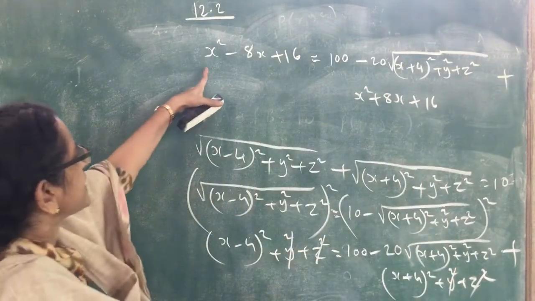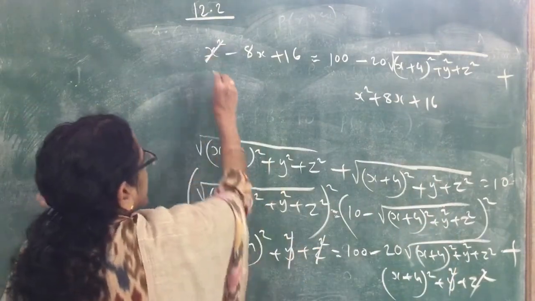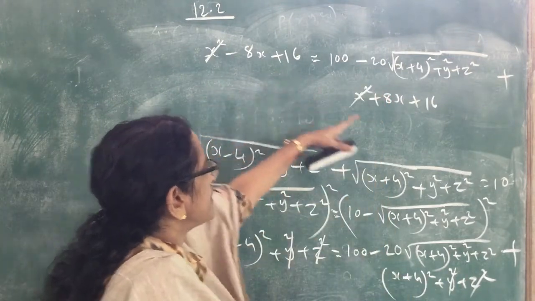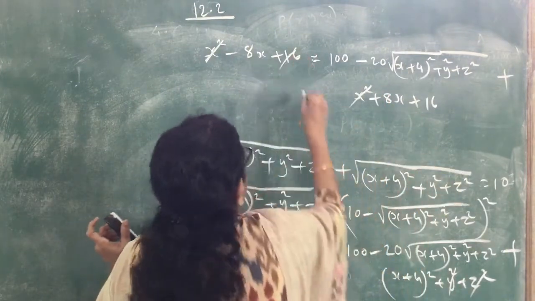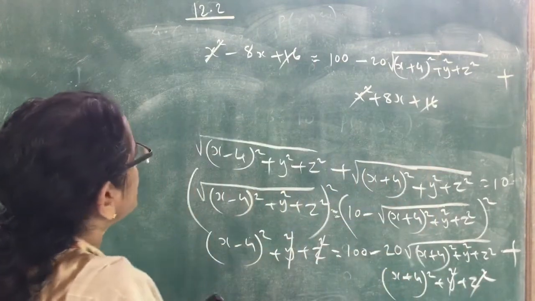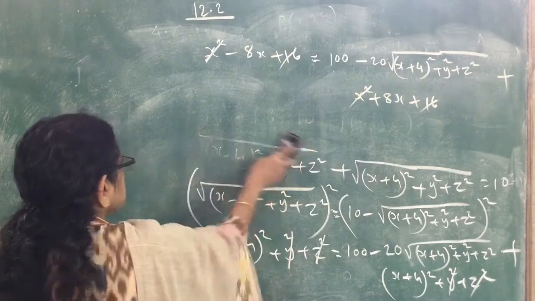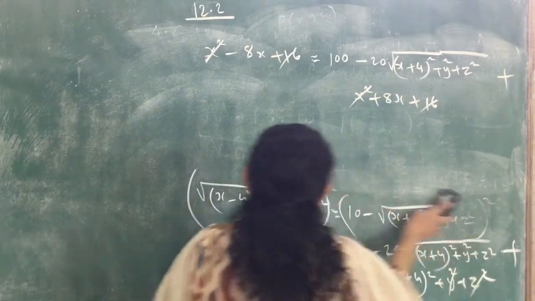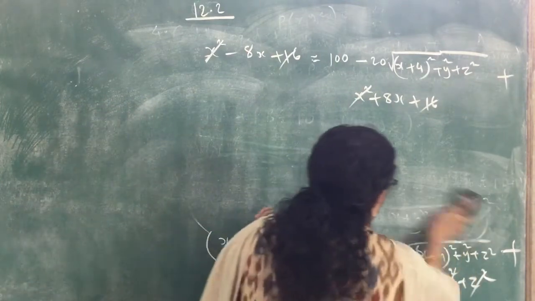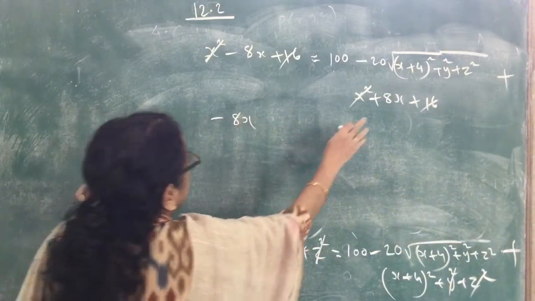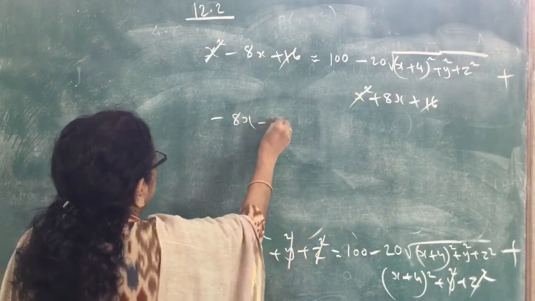Now here there is x square, so we can cancel this x square from the left side and the right side. Here there is 16 and here there is 16, so we can cancel that too. So what is remaining? We take the 8x to the left side, so minus 8x.